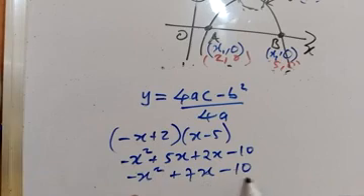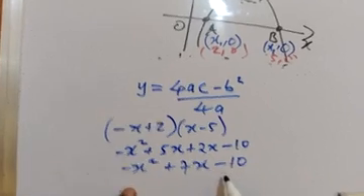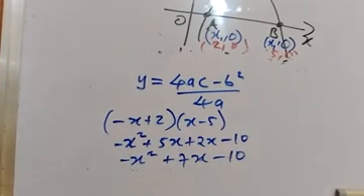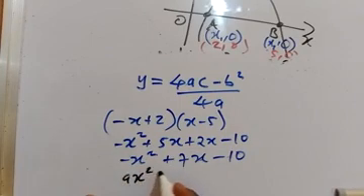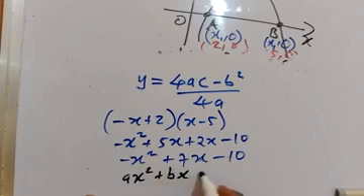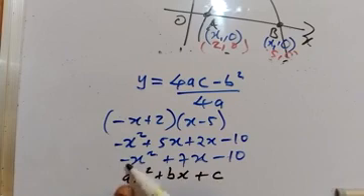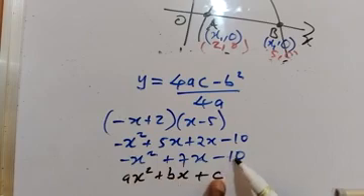So this is a quadratic expression of the form ax squared plus bx plus c. So now from this, we are able to tell what the value of a is, the value of b is, and the value of c is.